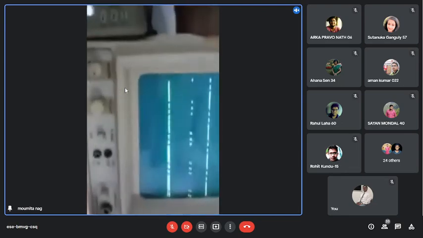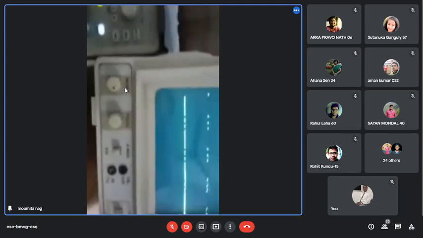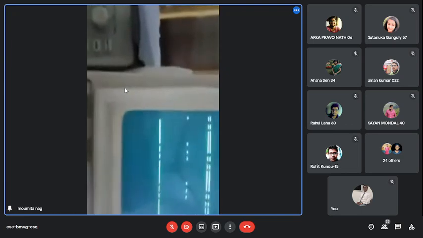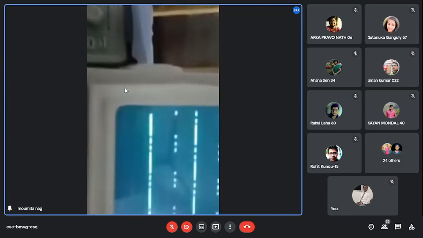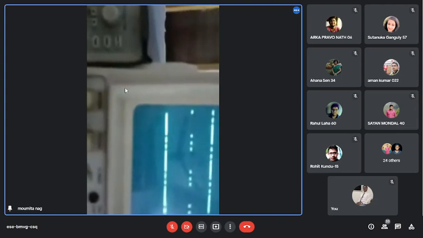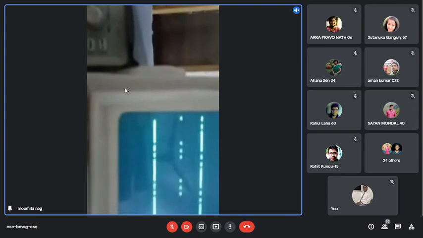Time per division is kept at 2 milliseconds and there is only one small division for every T on. This is a reading for the PPM signal, pulse position modulated signal. How much is the T on time?